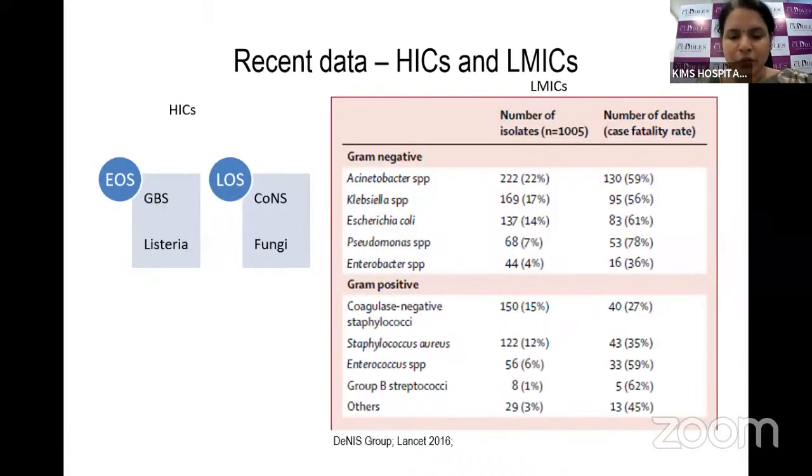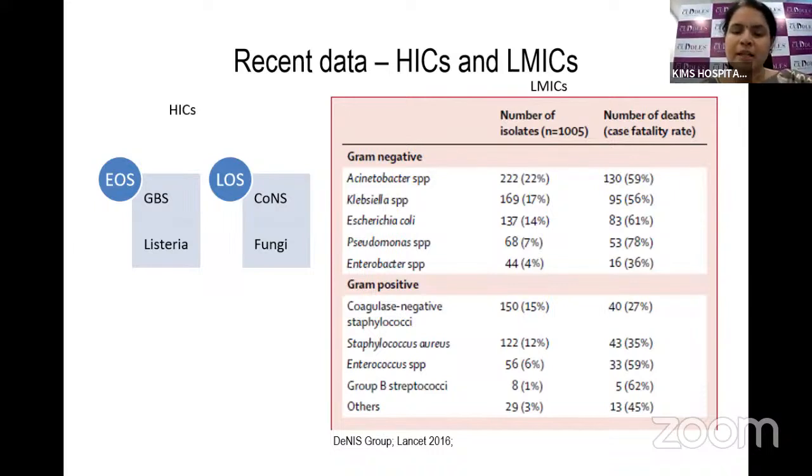So this data is from the 2016 Lancet publication from the Delhi Neonatal Infections Surveillance Group, or DENIS group. This included 3 tertiary care centers from Delhi, the All India Institute of Medical Sciences, AIIMS, Vardhaman Mahavir Medical College and Hospital, Safdarjung, as well as the CNBC, which was a completely outborn center.